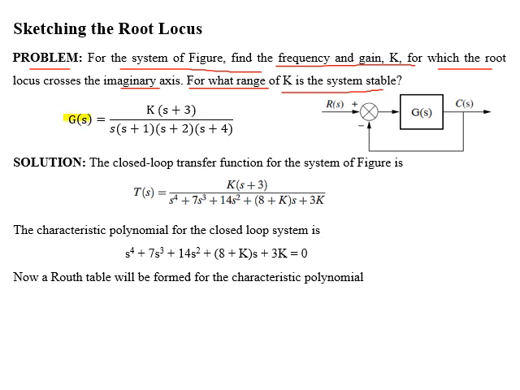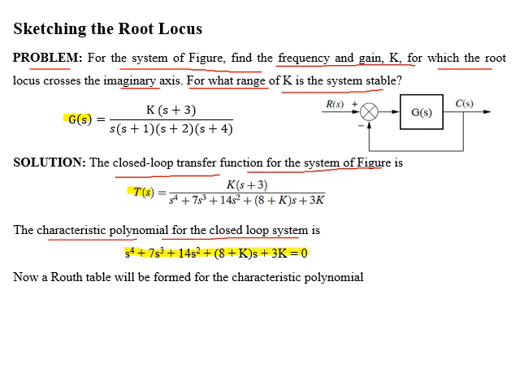Now for the solution, first of all we will find the closed loop system transfer function, which is given by T of s, and the characteristic polynomial for the closed loop system is the denominator of the closed loop transfer function, which is given here.